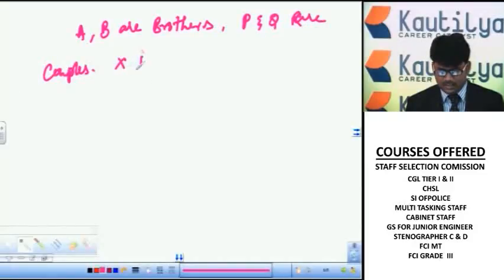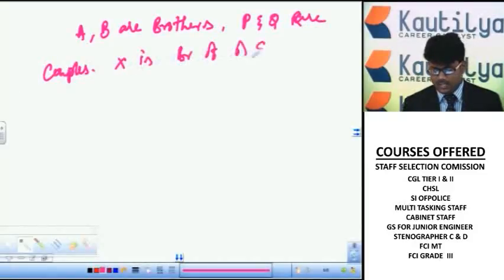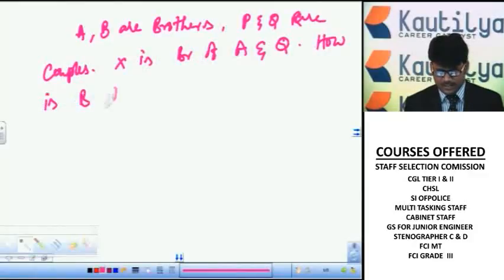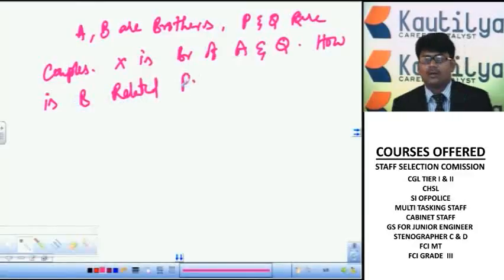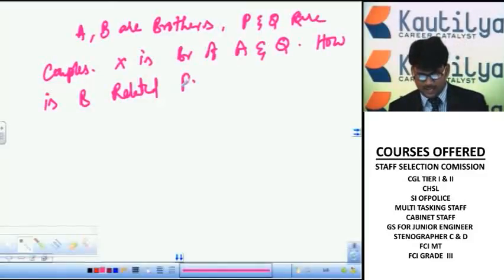X is brother of A and Q. How is B related to P? Okay, once again, you have to read the data. A, B are brothers, P, Q are couples, X is the brother of A and Q. How is B related to P in the given question?